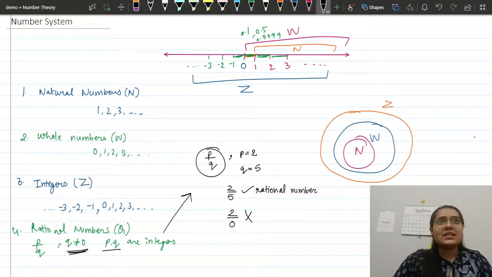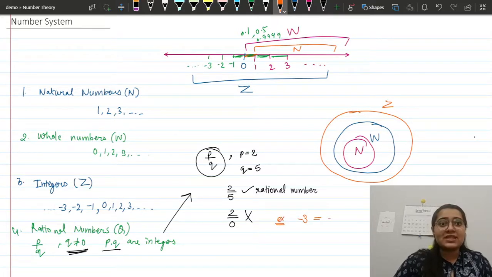Now the question arises, is an integer a rational number? Let's take an integer, say -3. Now this -3 can also be written as -3 upon 1, and we can say that this is our P and this is our Q. So definitely it can be written in the form of P upon Q, where Q is not equal to 0.